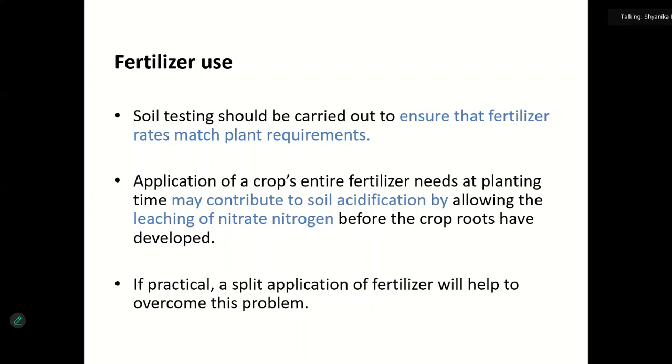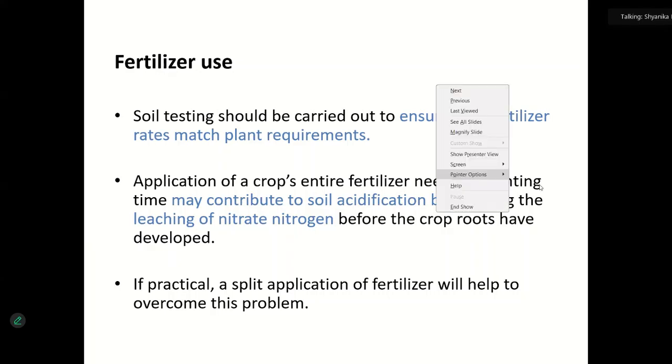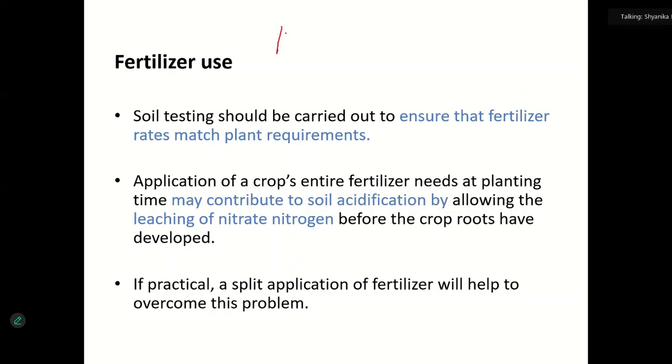Yeah. Then the fertilizer use, right? Fertilizer use, if we talk about nitrogen fertilizer usage, think about it like this. It contains ammonia, right? NO2 or whatever it is.